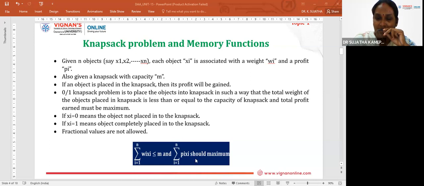The optimization function is that profit should be maximum, that is, the sum over i equals 1 to n of pi xi should always be maximum. This maximum profit must be achieved within the capacity limit, that is, the sum over i equals 1 to n of wi xi should be less than or equal to the capacity of the knapsack, which is m. This gives the problem statement.